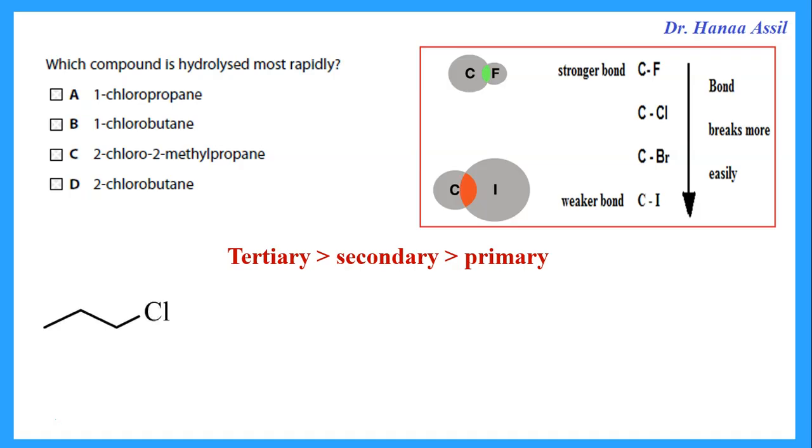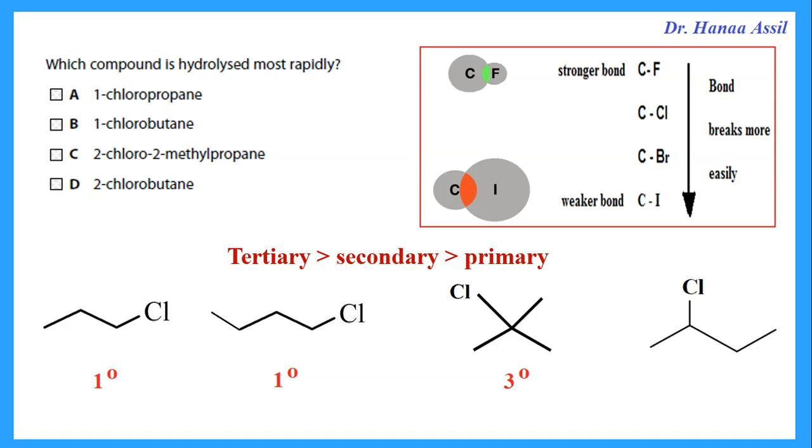So 1-chloropropane, that's a primary. 1-chlorobutane, again a primary. 2-chloro-2-methylpropane, that's a tertiary. 2-chlorobutane, that's a secondary. So the one that will hydrolyze most rapidly, the one that will break the C-Cl bond faster, is the tertiary halogenoalkane.